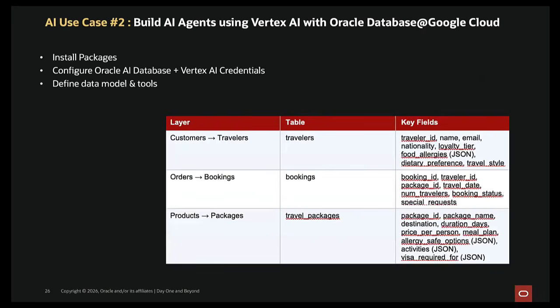And then next is to define the required data models and tools or functions. Here, since we are addressing another constraint, which is the food allergy of the customer or traveler, we might create several tables, like a traveler table, which contains the traveler profile. You can have another table for bookings and also the travel packages.